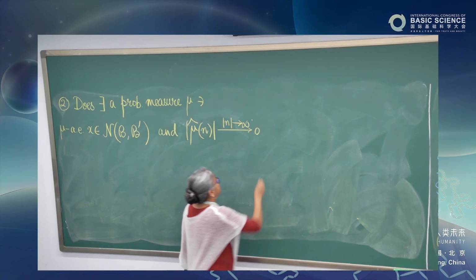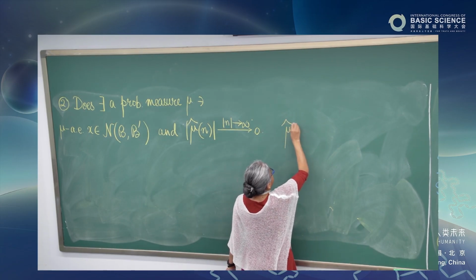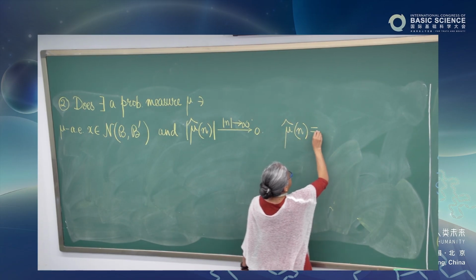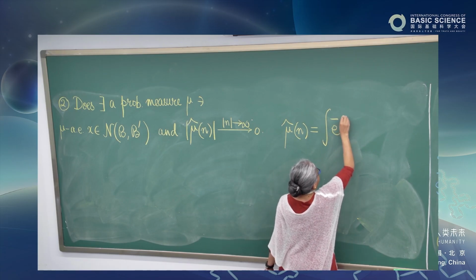So what do I mean by mu hat? This is, of course, the nth Fourier coefficient.